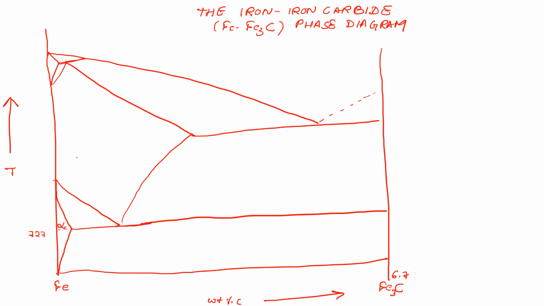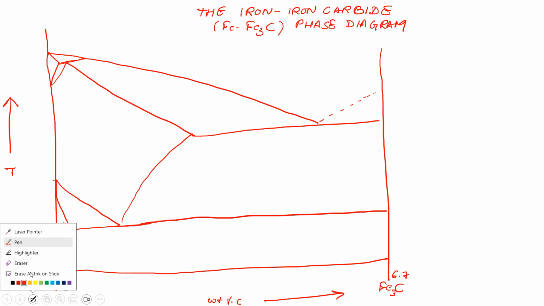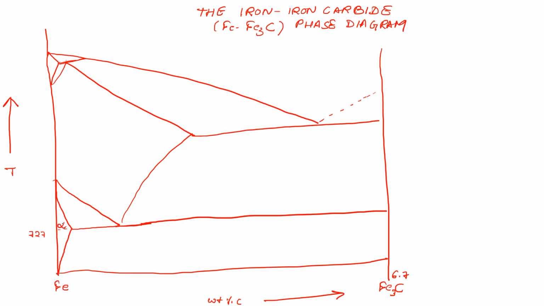So this is how it looks. We see what the different phase fields are. We started out with this being the alpha ferrite phase here, and this is the gamma phase of iron, and this is the cementite.